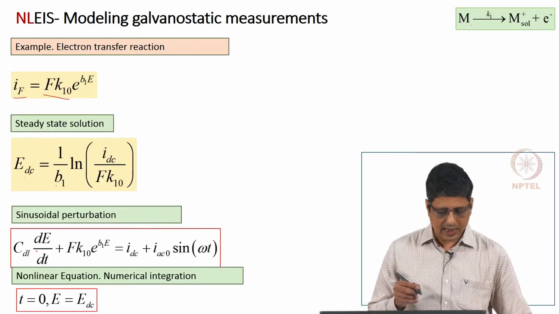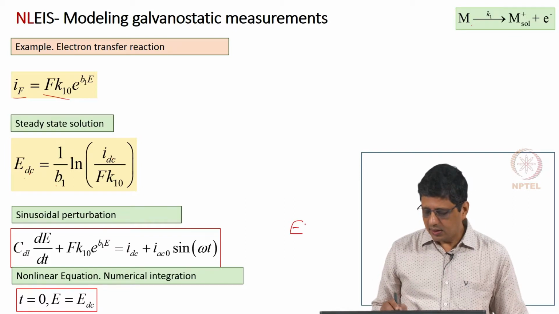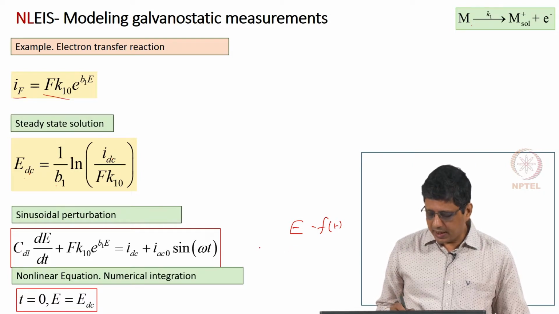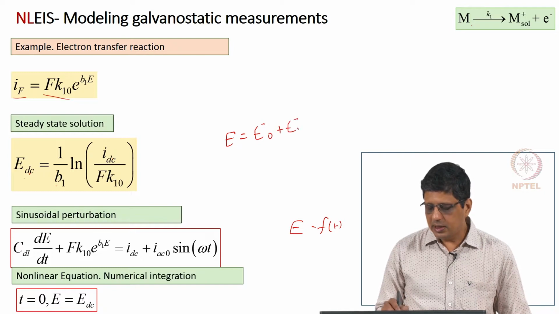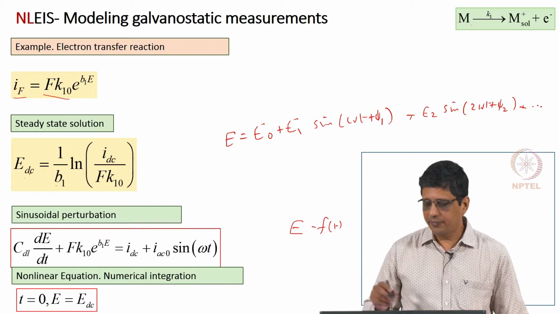So, whatever we calculate out of this equation will give us E as a function of t. We subject that to Fourier transform and write E equal to E0 plus E1 sin(omega t plus phi 1) plus E2 sin(2 omega t plus phi 2) and so on.